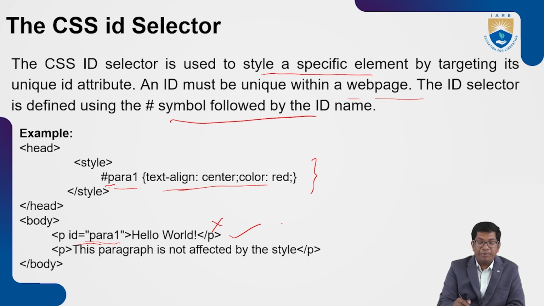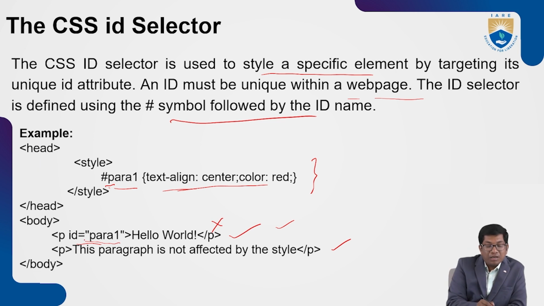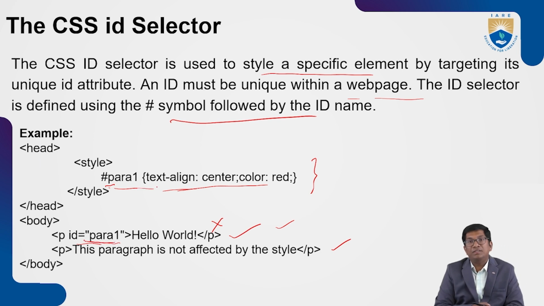For this, you have two p tags. But only for the first p tag it will apply text-align center and color red. For the second p tag, it will not apply any CSS properties, because we gave the ID para1. So only para1 gets these properties, not all the p tags.